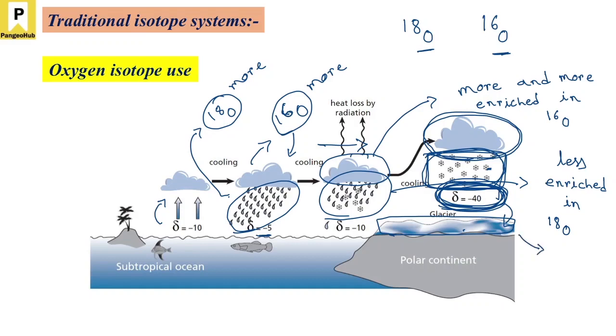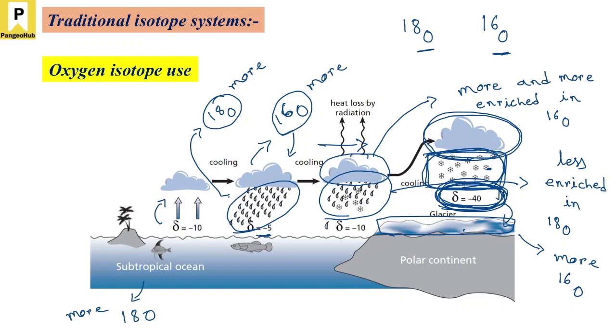So this glacier will have more 16O than 18O, and this ocean will have more 18O than 16O. This ocean water varies. The volume of ocean water is so large that this evaporation doesn't even come close to the volume of this ocean.